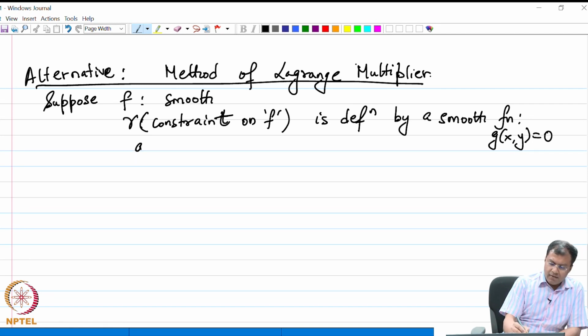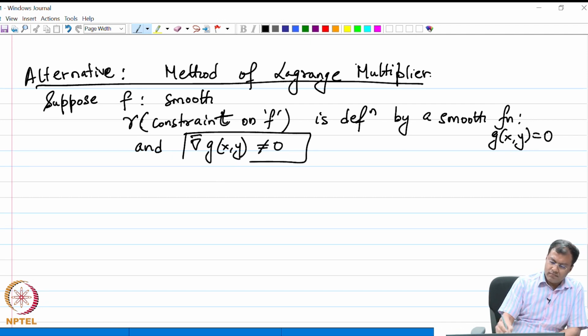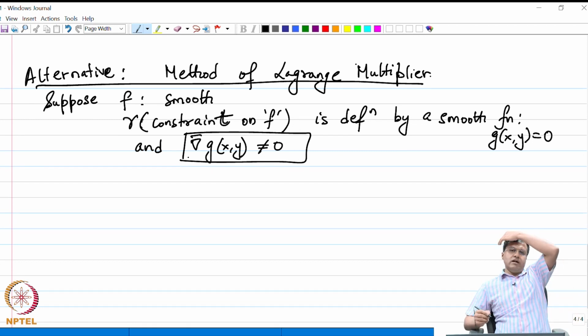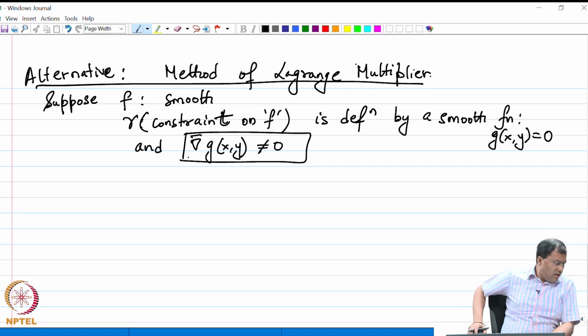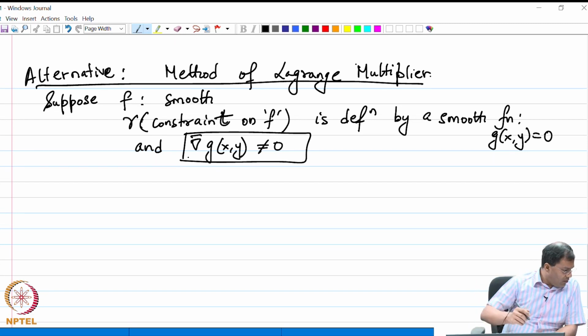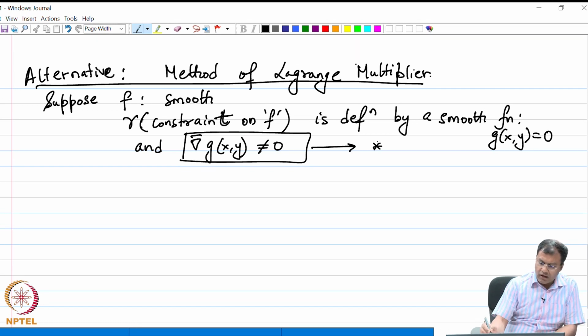And I have that further gradient of g of x comma y is non-zero, right. The gradient of g of x comma y is non-zero. We need that, otherwise we will run into trouble, as we will see later on. Okay. So, let me call this condition as star, right. So, we are also assuming g is smooth or the gradient of g is non-zero, right.